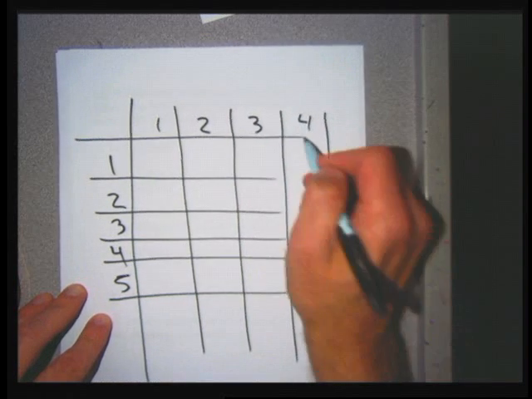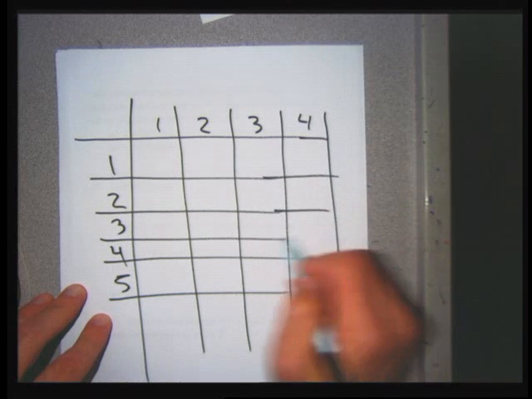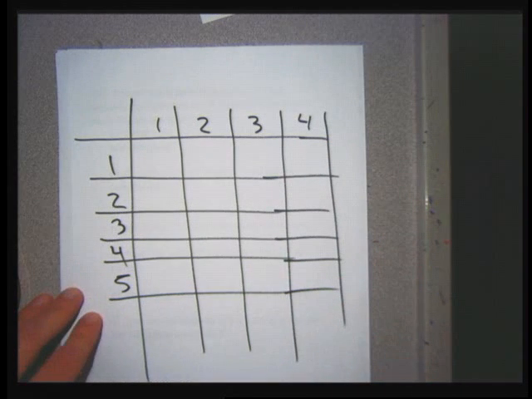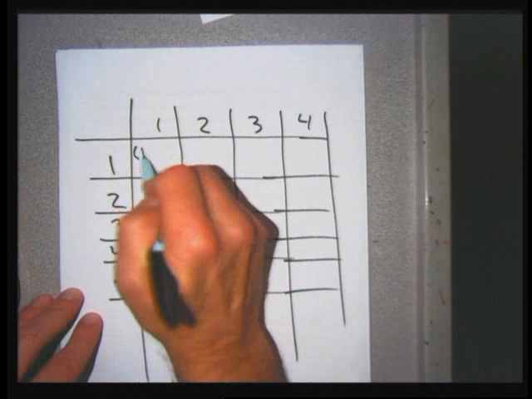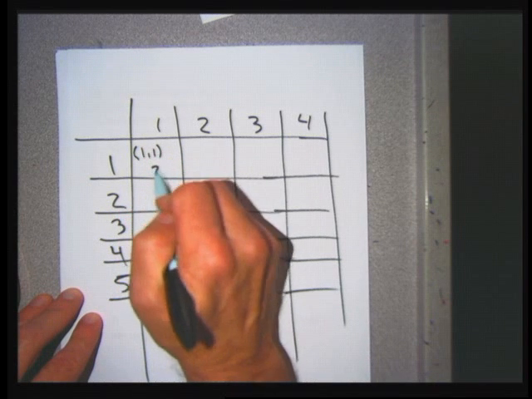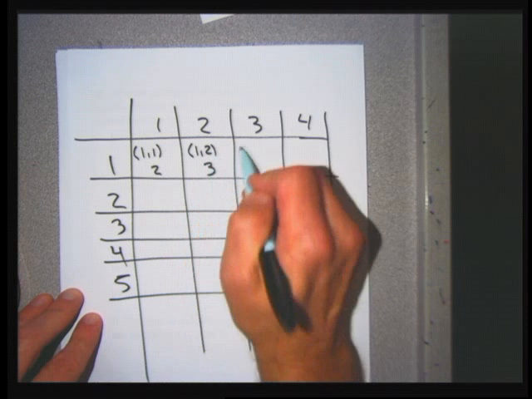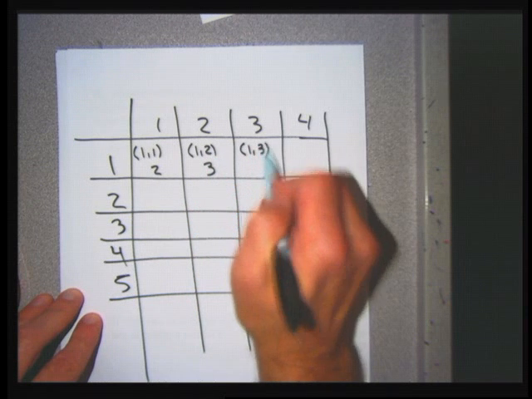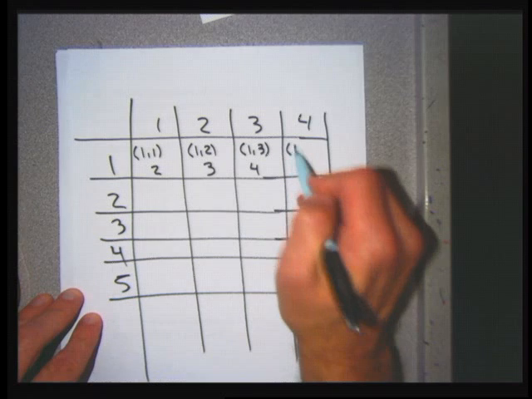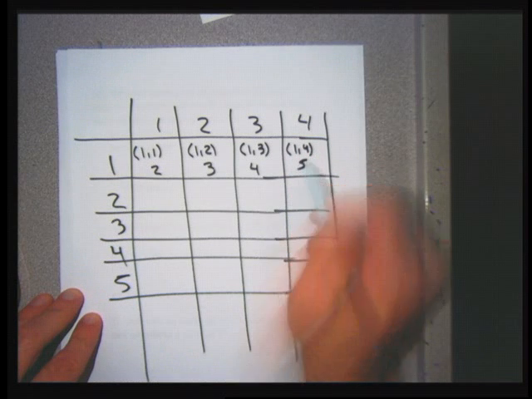So for my dice, what can come up is a little bit smaller. I could get the first dice a 1, the second dice a 1, which is a sum of 2, the first dice a 1, the second dice a 2, which is a sum of 3, and I'll create the table exactly the same way, but it's just going to be smaller.